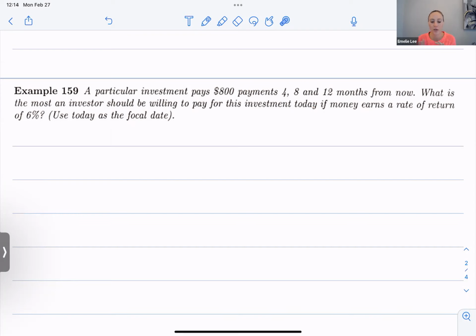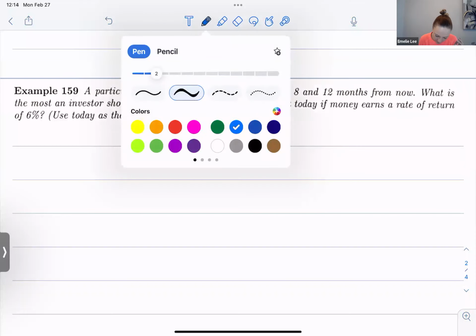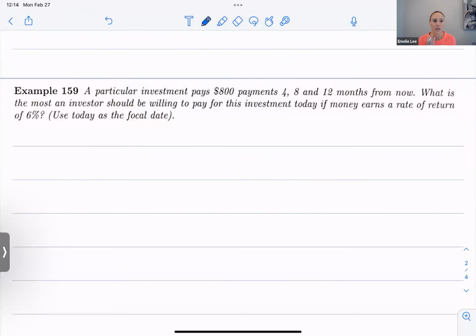Okay. So first thing I want you to do is just go through and usually, you know, if I'm working on paper, I'll just kind of jot down the dates kind of somewhere over here, right? So 4 months, 8 months, 12 months from now, right? Which means that I should probably have now somewhere on there, but usually we call it today.